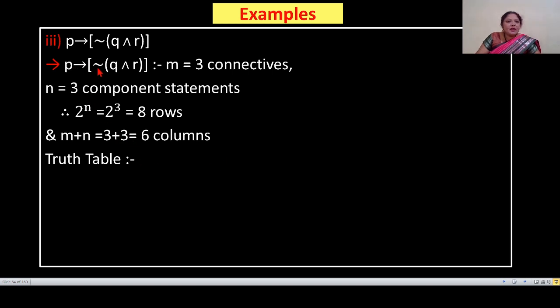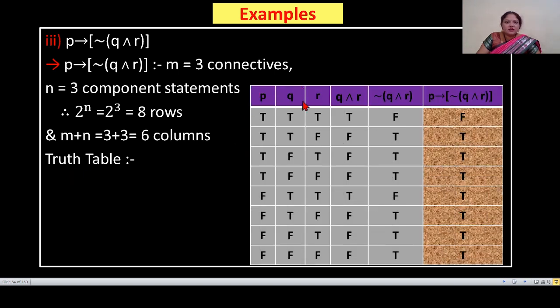Here P, Q, R are 3 main statements. Therefore, first column is P, second column is Q, and third column is R. Next, fourth column is Q and R. Fifth column is negation of Q and R, and last column is P implies negation of Q and R.